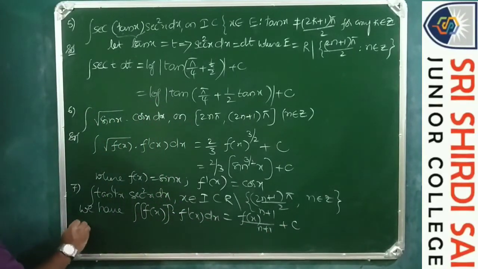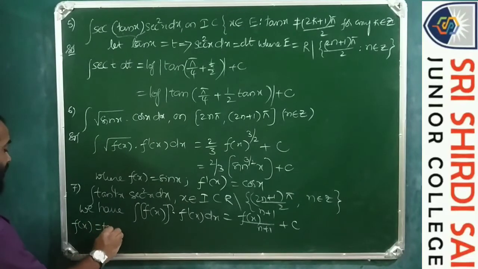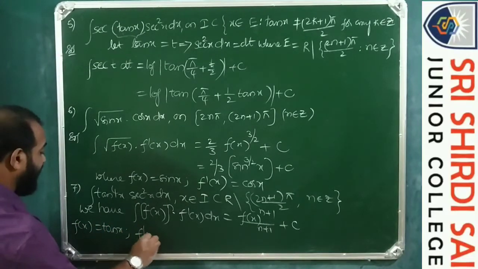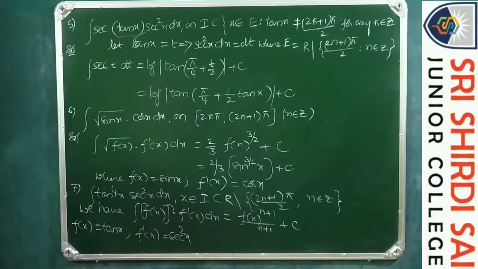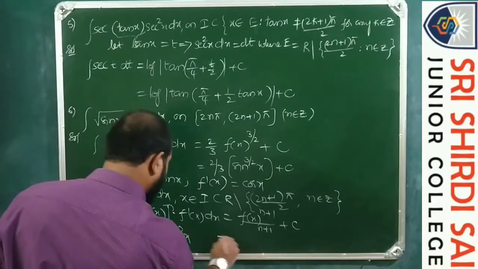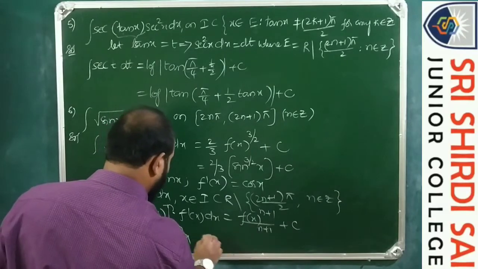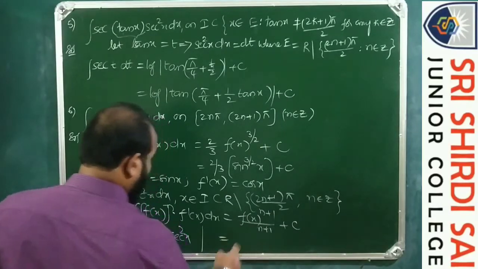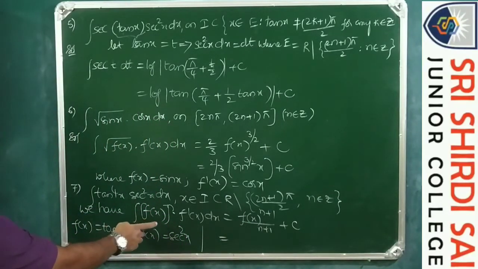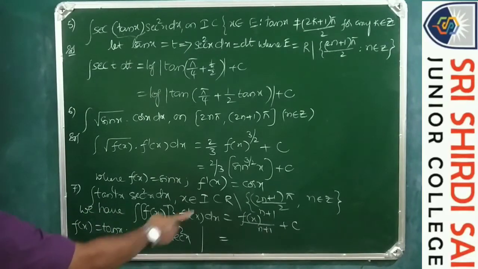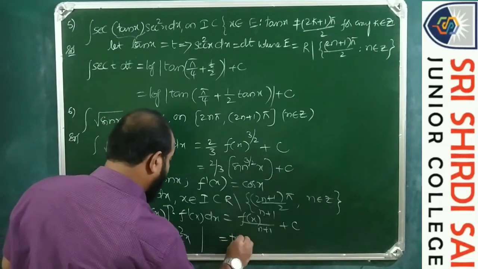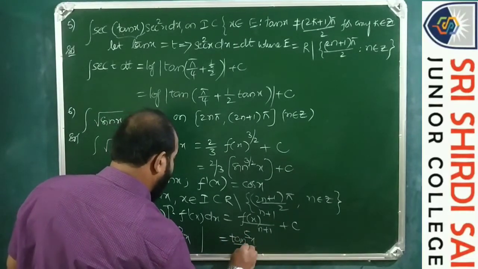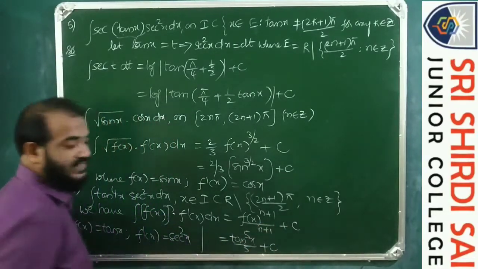Here f of x is tan x and f dash x is its derivative, secant square x. So the final answer is tan x whole power 4 plus 1 by 4 plus 1, so tan power 5 x by 5 plus constant of integration c.